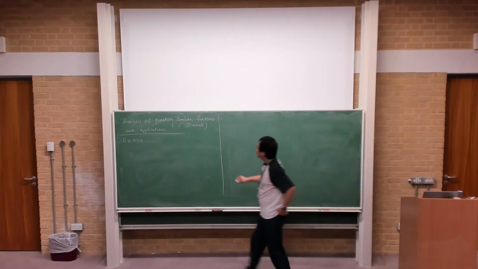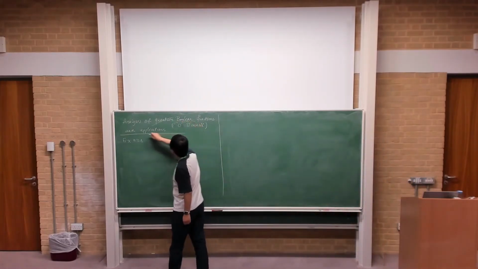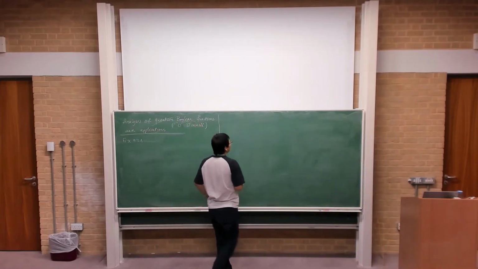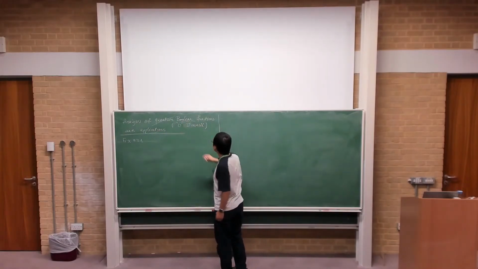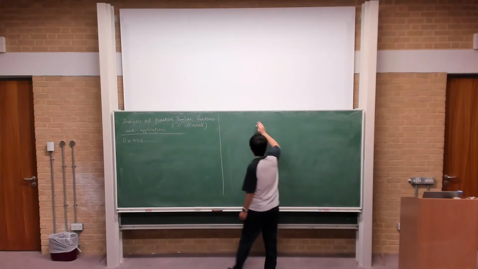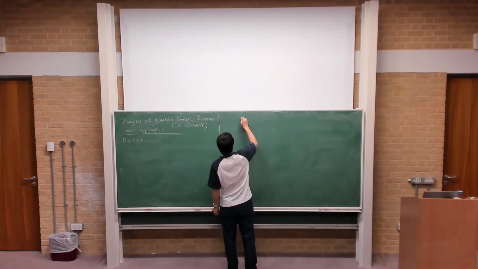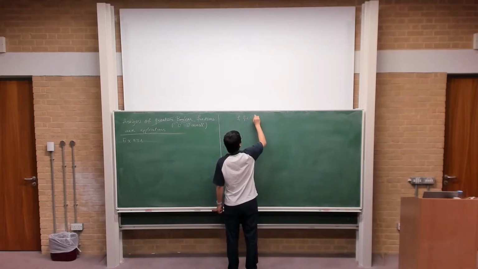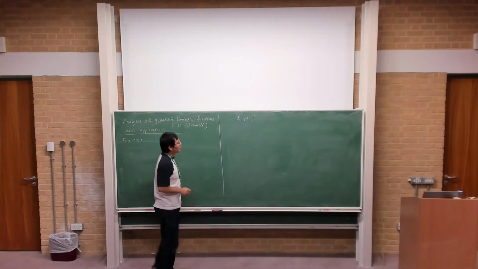I will explain to you what these Boolean functions and applications look like in the classical and the quantum setting. So maybe let me give you a comparison. Here in the classical setting, we will consider a function defined on the n-dimensional Boolean cube.